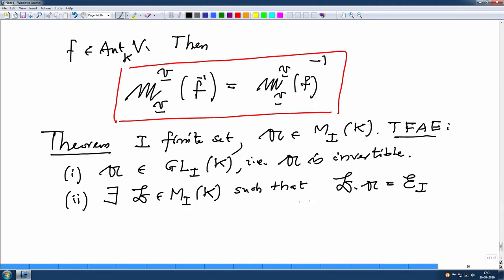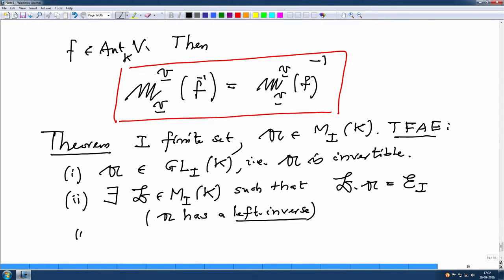That is also said in general to mean that A has a left inverse. In general, a left inverse of an element in a ring is an element that, when you multiply by it on the left, becomes identity. The other side we do not know. So such an element is called a left inverse.